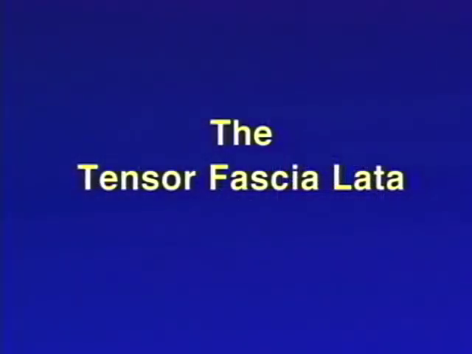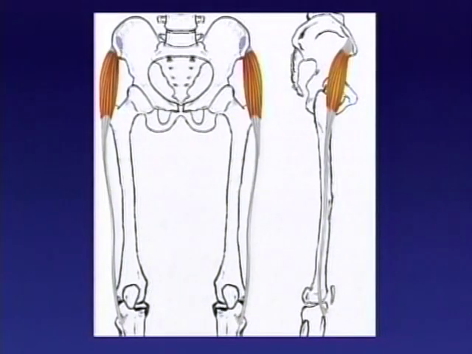Next, we're ready to discuss the tensor fascia lata. The tensor fascia lata originates in the anterior iliac crest of the ilium. It inserts into the iliotibial band of fascia, about 1/4 of the way down.